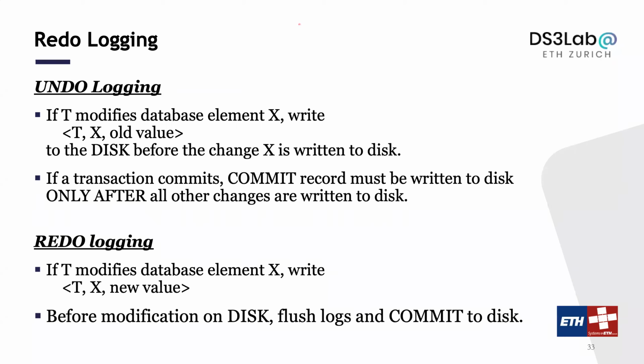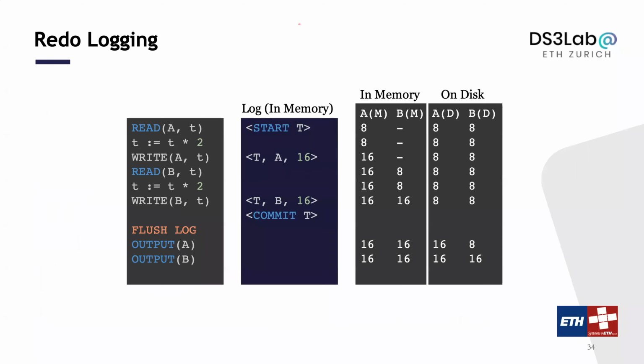And before I modify anything on my hard drive, I flush my log, together with all the new values and the commit record, to my hard drive. And then if the system crashes in the middle, I redo it. That gives us a redo logging, which is actually very interesting.